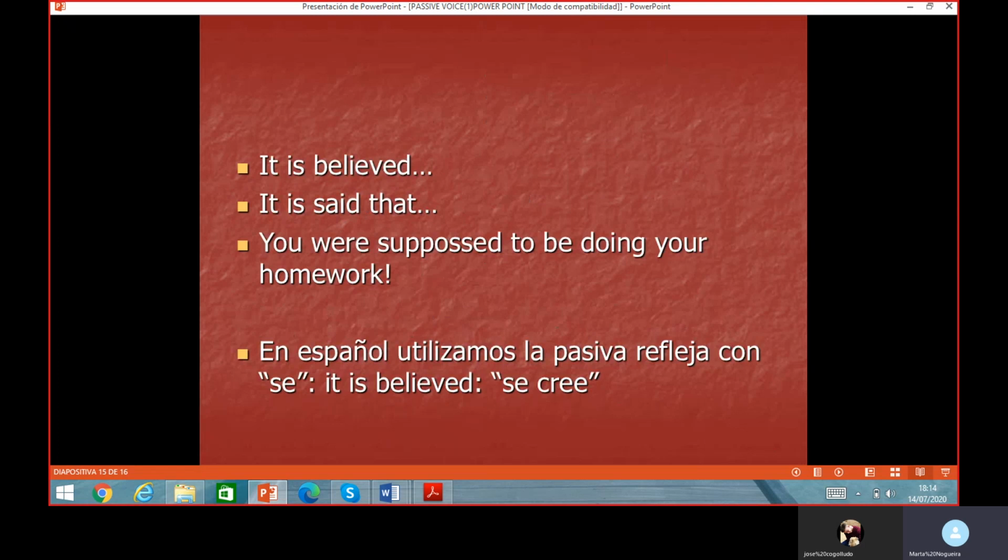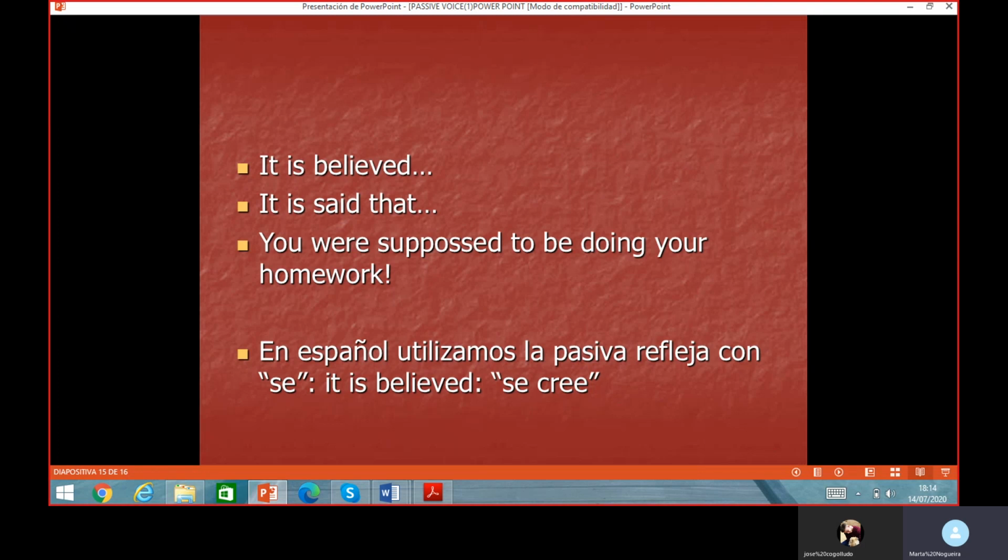And of course, in our formal writing or in the article that I will tell you to do next week, maybe, because we will see the inversion, la inversión, next day, you can include this. It is believed. It is said that.